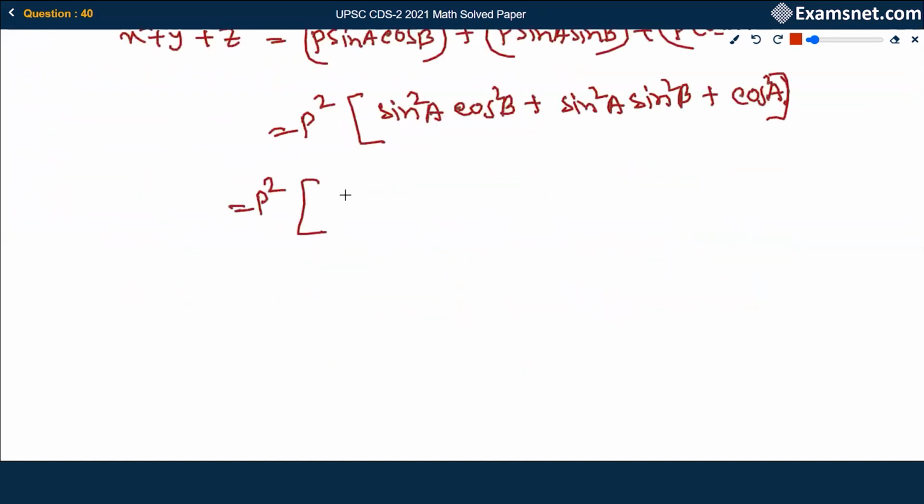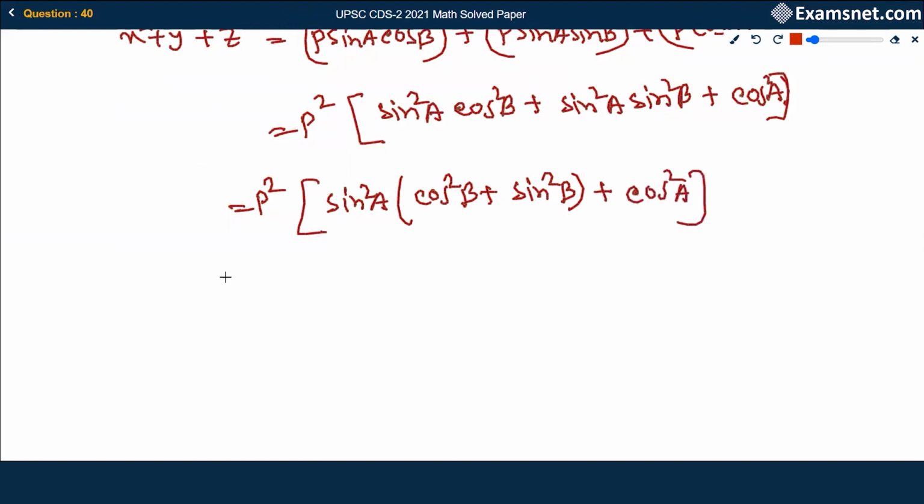Next, from the first two terms we can take common sin square a. So it will be cos square b plus sin square b, plus cos square a.